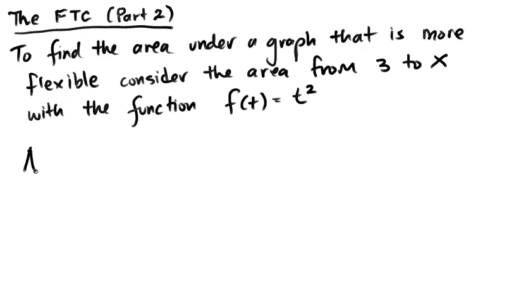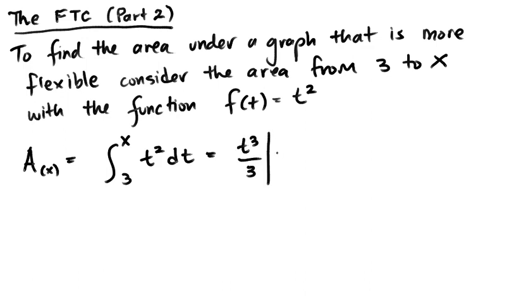So we'll get an area function, and the area with respect to x from 3 to x is the integral of t squared dt. And if we use what we learned last day, well, that's t cubed over 3 integrated from 3 up to x.